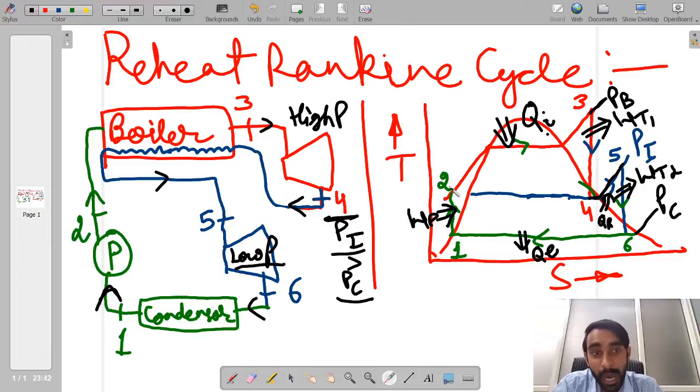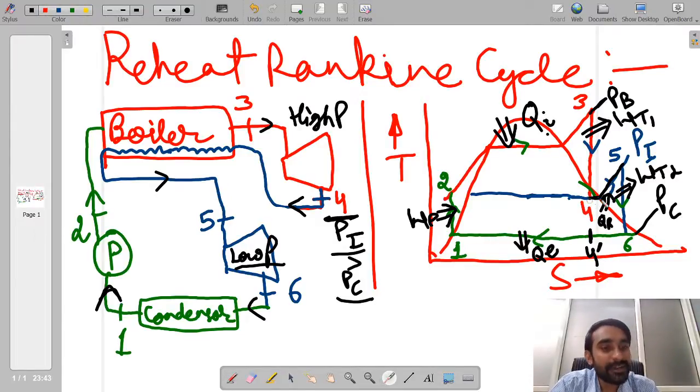However, now after incorporating the reheat cycle, what has happened earlier, if you see, if this expansion would have continued till the condenser pressure, we could have received our expansion point somewhere over here as point number 4 dash. So in that case we could have got more amount of liquid.